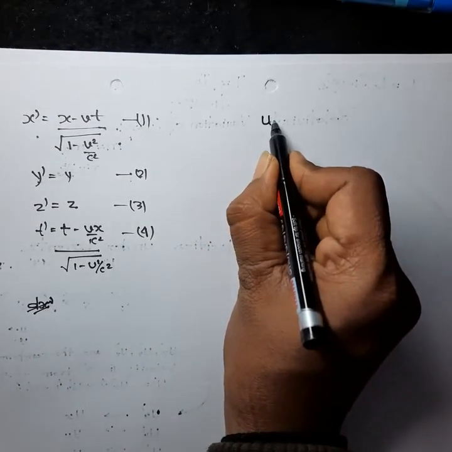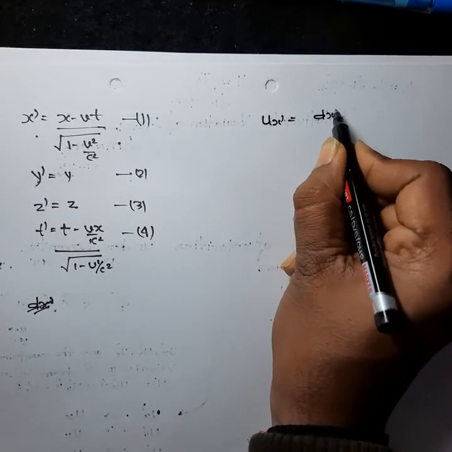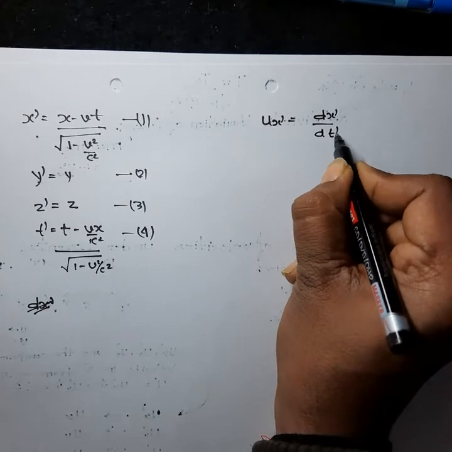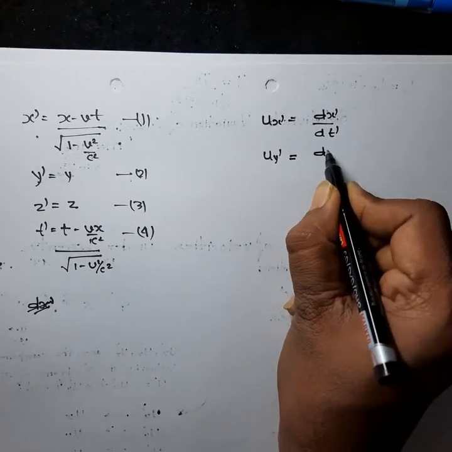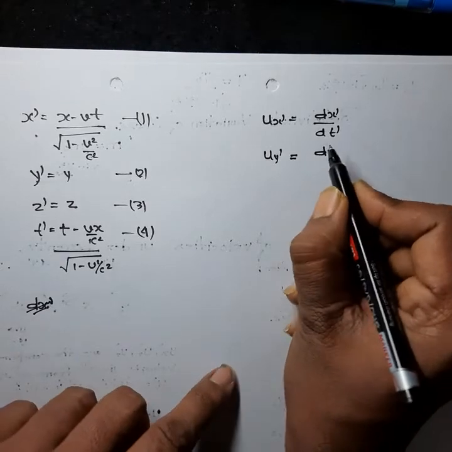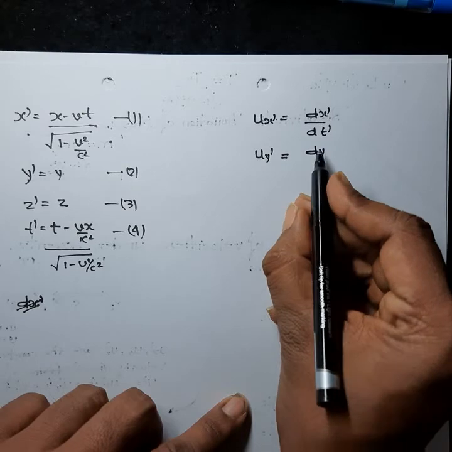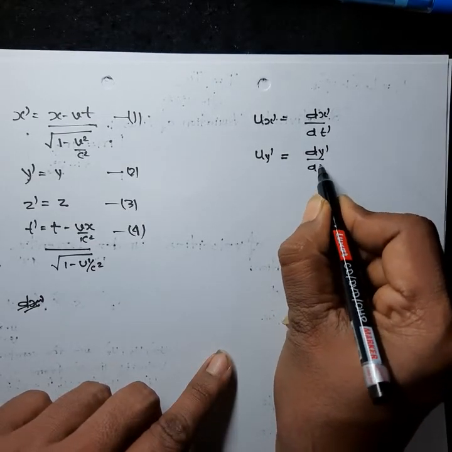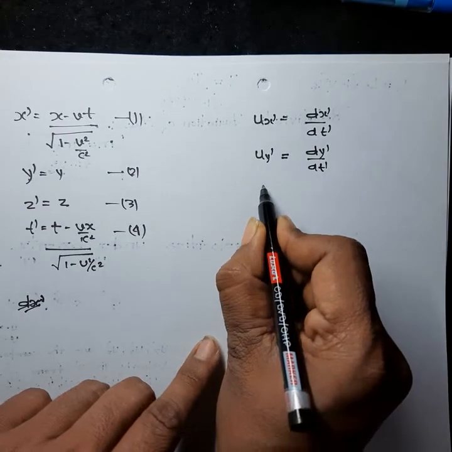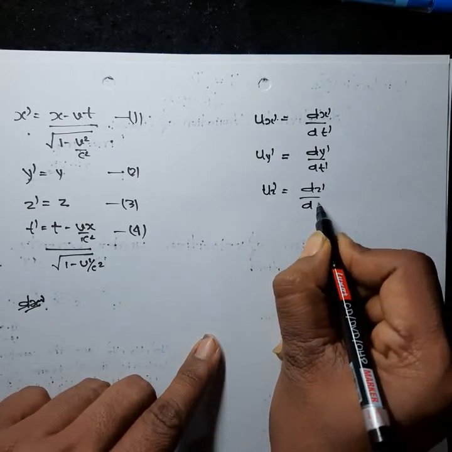We have already read it in intermediate. Velocity ux dash is defined as dx dash by dt dash, uy dash is defined as dy dash by dt dash, and uz dash is equal to dz dash by dt dash.